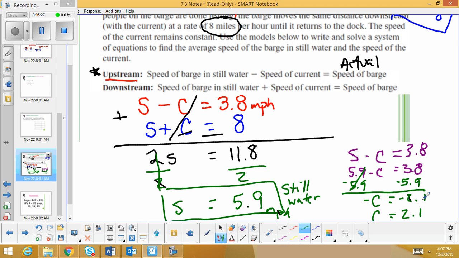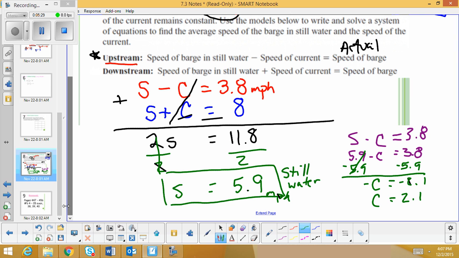So the speed of the boat in still water, what it's supposed to be going, is 5.9 miles per hour. But because of the current, which is going 2.1 miles per hour, that is affecting its actual speed. So there you go. That's a little bit more practice for you guys for 7.3.